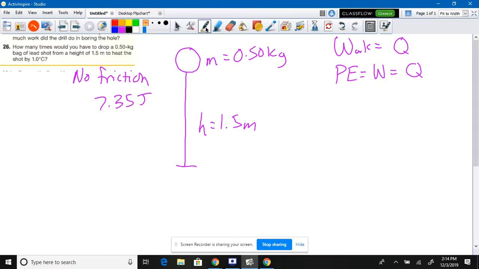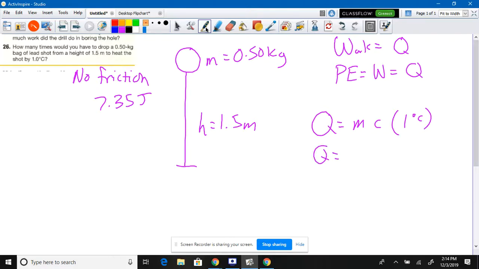Well, what would be the Q of that same lead ball if you raised it by 1 degree Celsius? So now what you need to do is tell me the heat capacity for lead out of that chart. Go look at the chart way back, flip back, and look up the heat capacity for lead, please. 130.